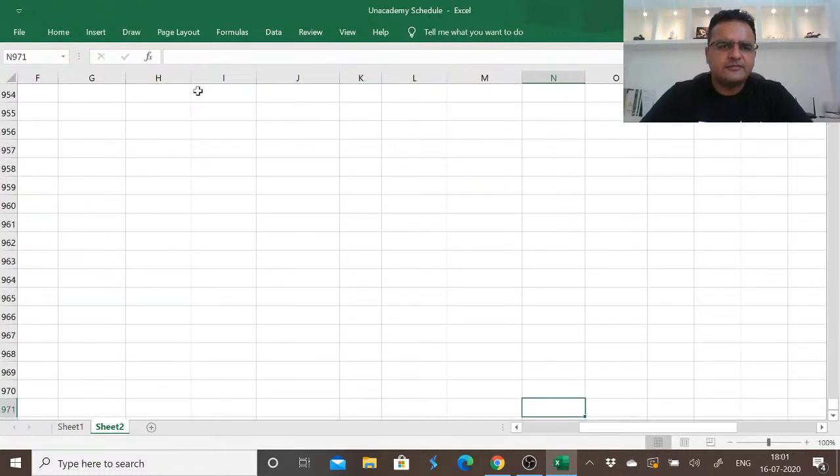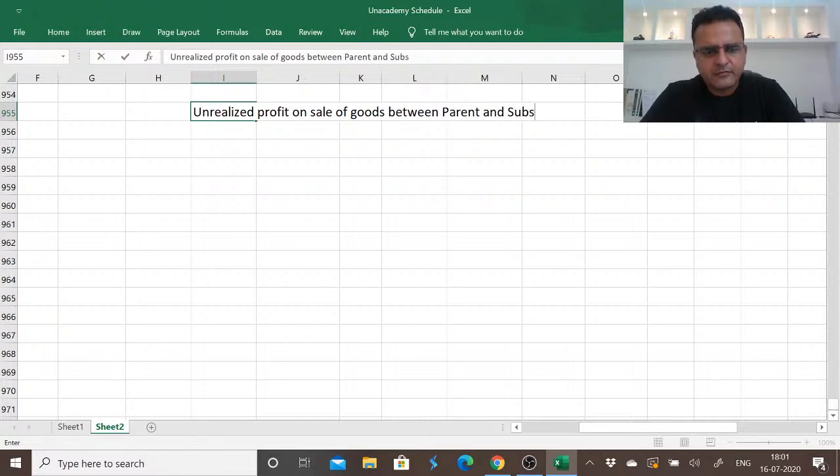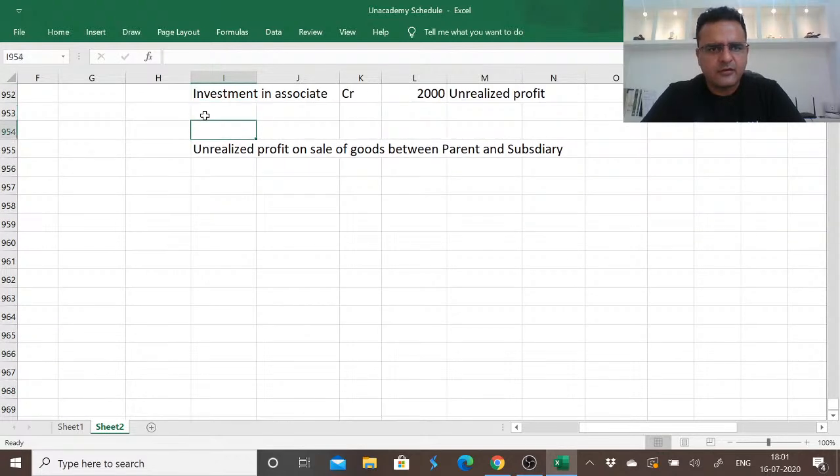If I sum up, unrealized profit on sale of goods between parent and subsidiary is eliminated in full. We will not apply any percentage to it.